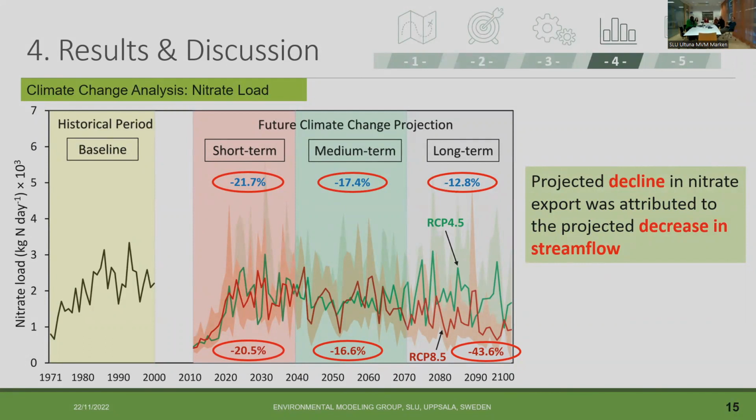The nitrate concentrations are expected to increase, because there is a very low amount of water to dilute them. And so we see that as a potential negative effect in this area. So the patterns are almost the same, just because of that.